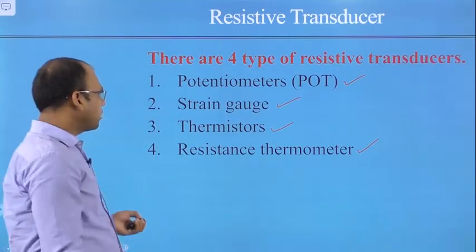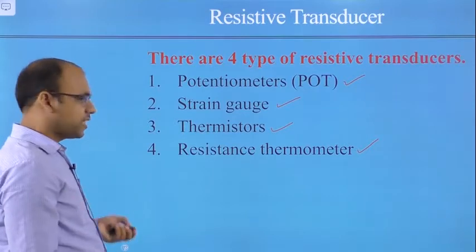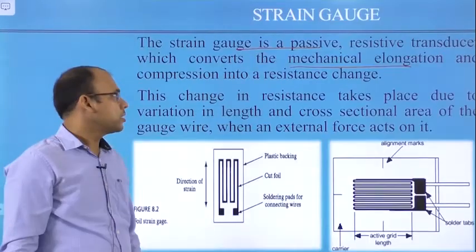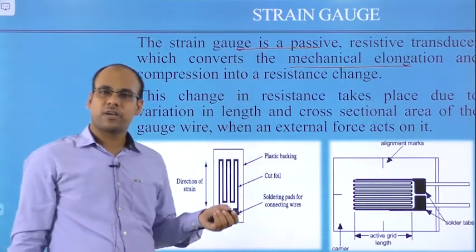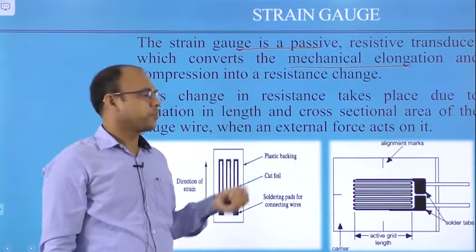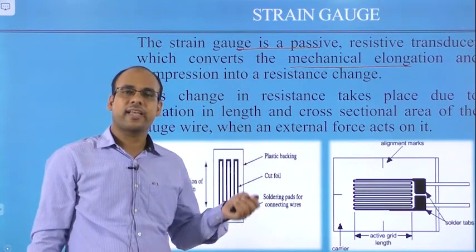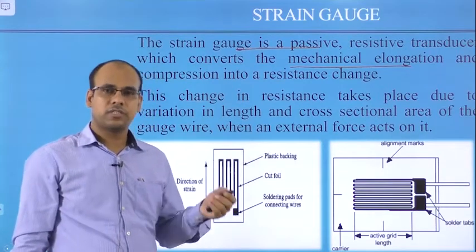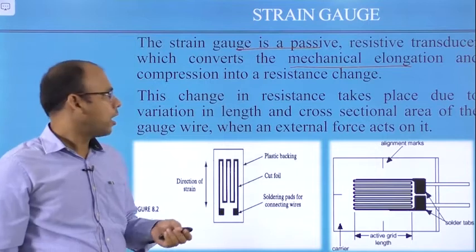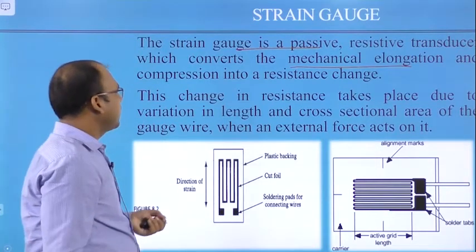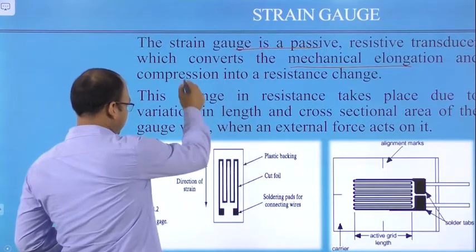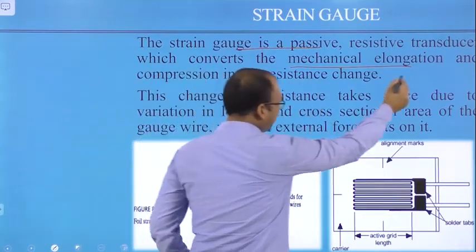Talking about the strain gauge, which is the main part of your course: the strain gauge is a passive transducer, because as I already said, a passive transducer always takes an external energy source to drive its operating point. It converts mechanical elongation.